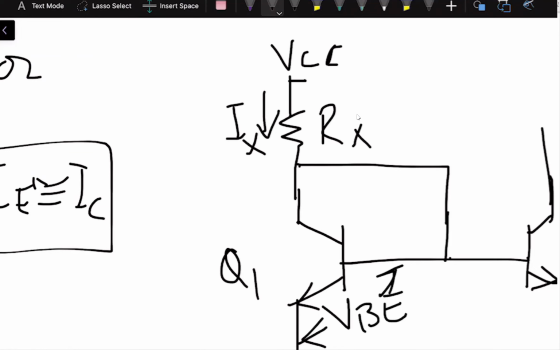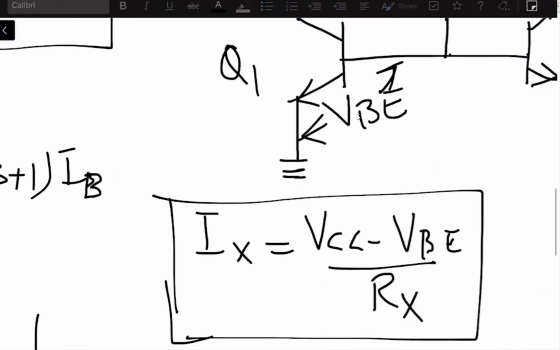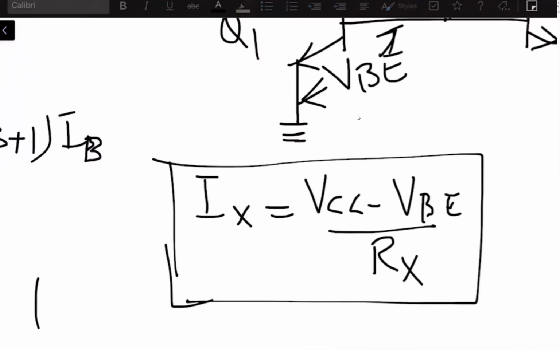So this VBE is directly connected to the Rx. The drop between the two voltages, VCC minus VBE, will be the potential across Rx. So therefore, we have written this equation: Ix is equal to VCC minus VBE divided by Rx. Are you with me?